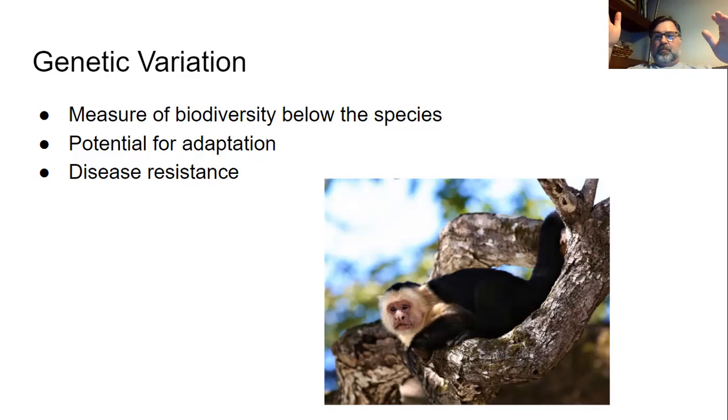If you go below the level of species, then you get into genetic diversity. So within a species, there can be diversity, and that would be genetic diversity. It's a measure for adaptation. So in the short term, it could do things like give a species disease resistance. In the long term, it can mean adaptation to changing conditions.